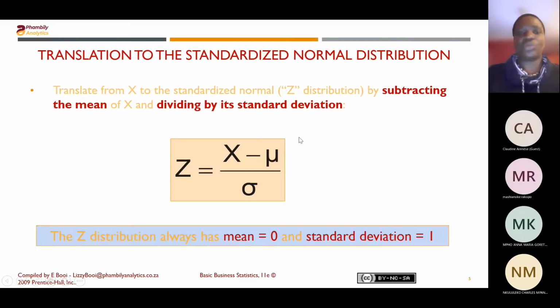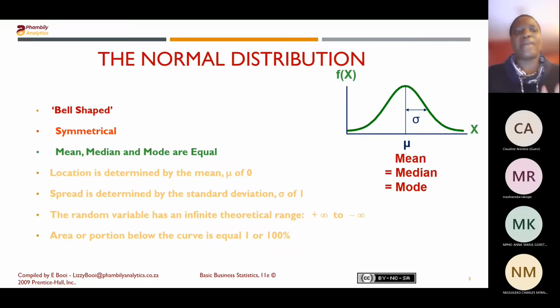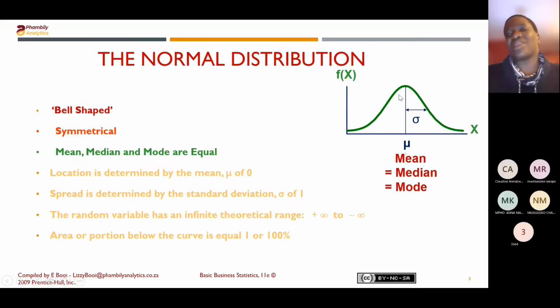And that is a normal distribution, and these are the properties. As we go along, we're going to also unpack what this normal distribution means, and what these values underneath this bell curve represent. The area underneath this curve is what we call the probabilities. So we are able to calculate or find the probability of this normal distribution.